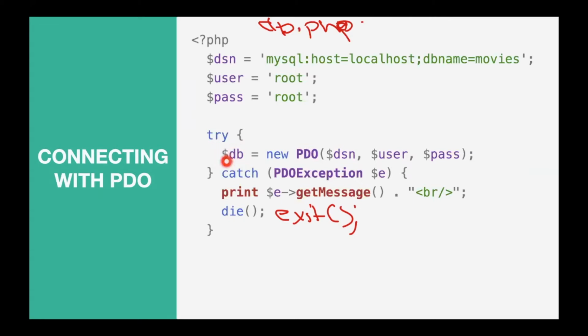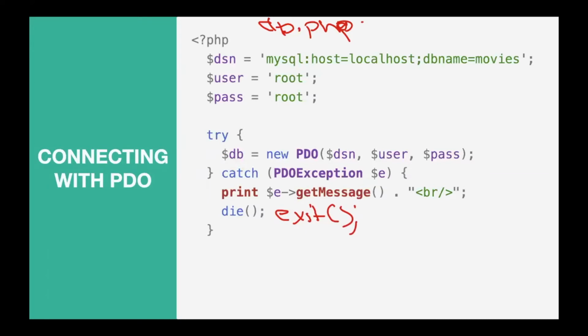We have a new PDO, so this is creating a new PDO instance. And we're storing it to this variable $db. That's very important because we're going to be using this variable $db anytime we need to communicate with our database. So this makes a connection to the database, but it's also how we communicate with the database.